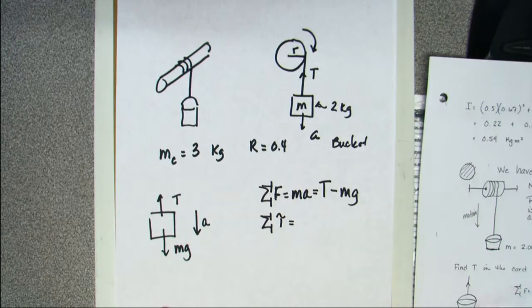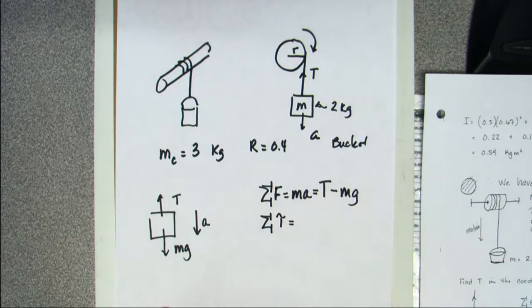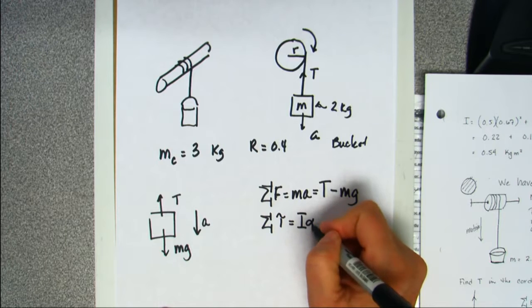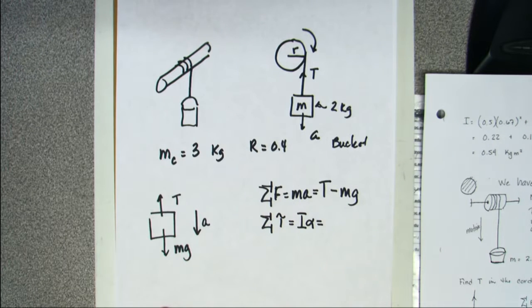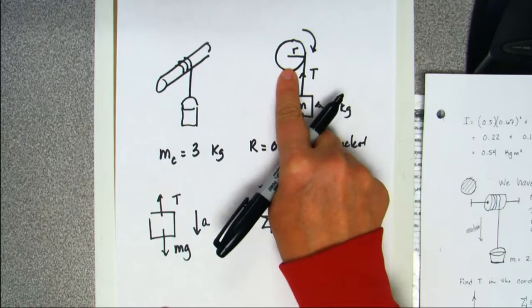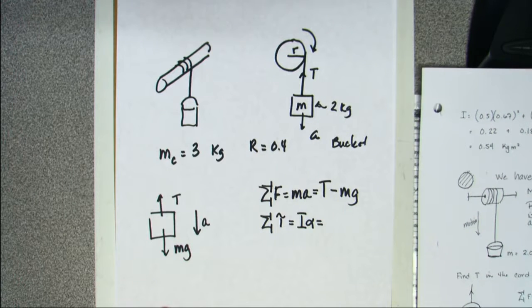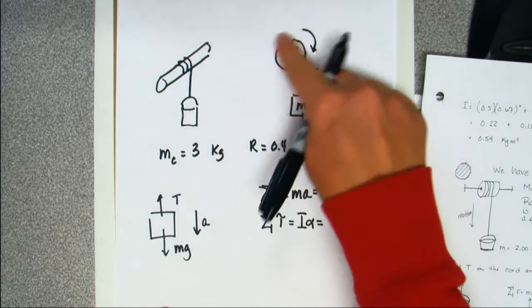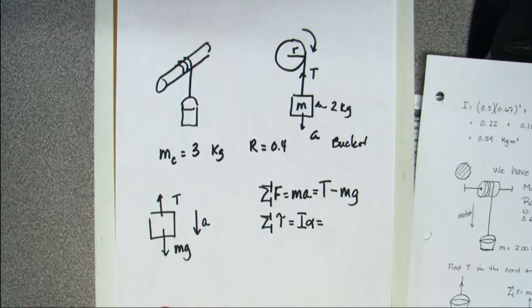And my summation of torques is going to be I alpha, my rotational motion, and the torque in the system is what's happening associated with my rotation here.